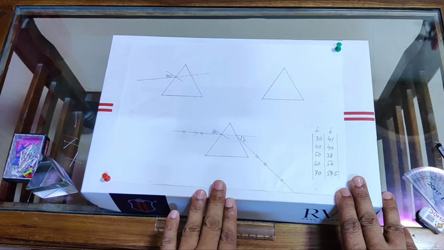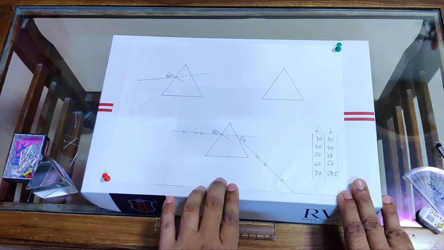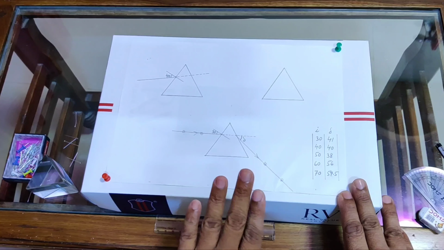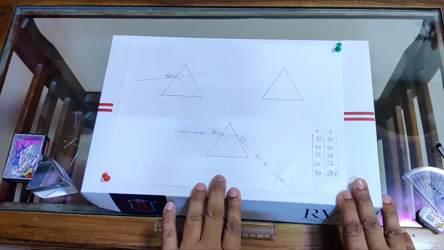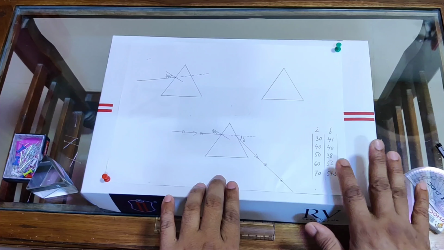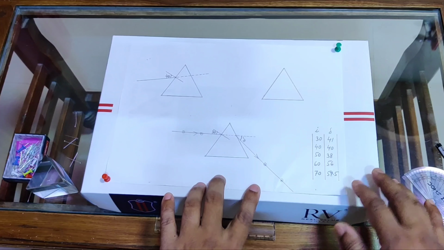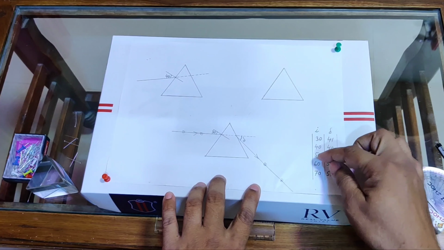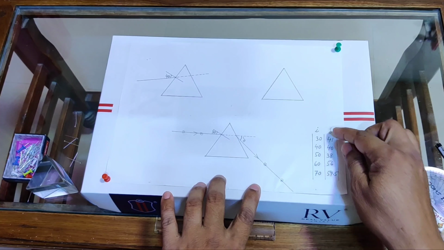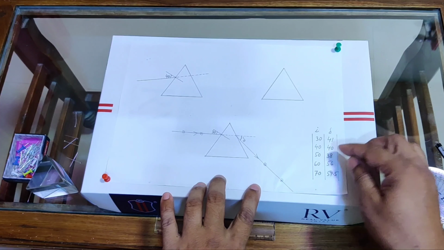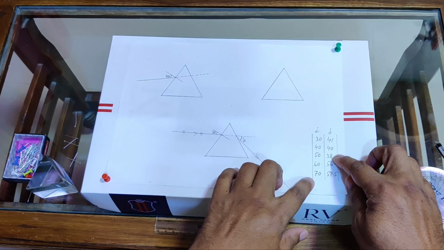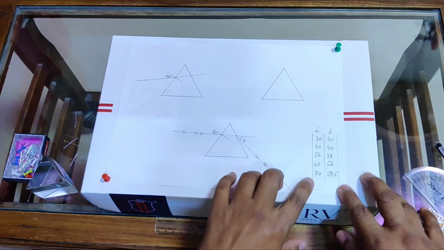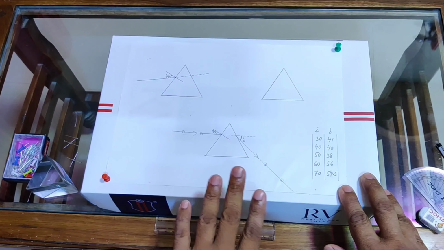I'm telling you how to write down the result. Under the heading result, you will write: we can see from the observation table, as the angle of incidence increases, the angle of deviation delta decreases, it reaches a minimum value, and if I is further increased, delta starts increasing. Fine, this is the result.